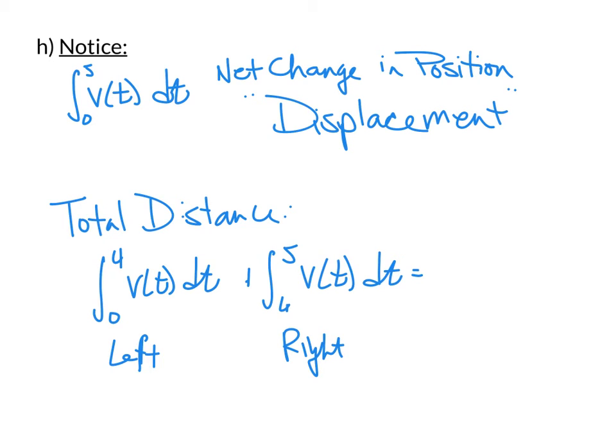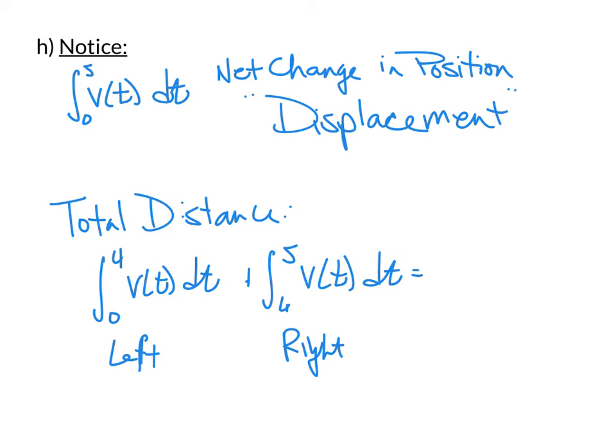The thing is, when we find those integrals, the integral from 0 to 4 is going to be a negative number. When we talk about a total distance traveled, we don't want to deal with positives or negatives, in that sense that we're talking about left or right, because the total distance traveled is the collection of all the distance we went to the left as well as all the distance that we went to the right. So we would only describe that as a positive number.